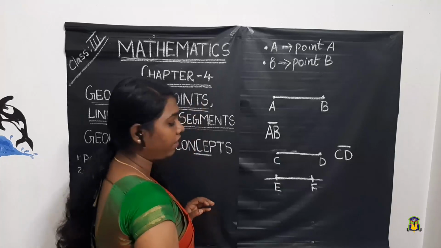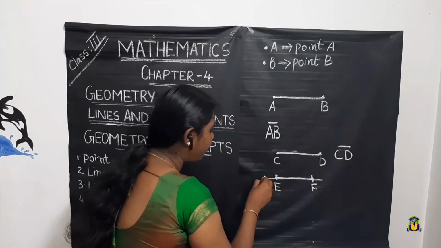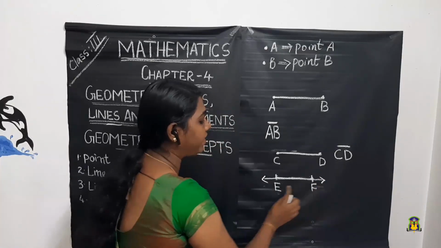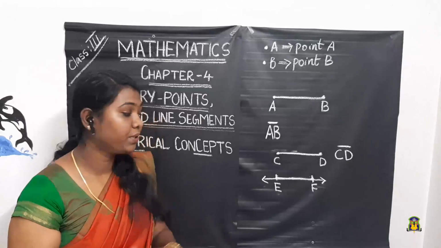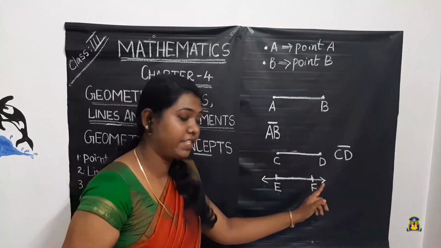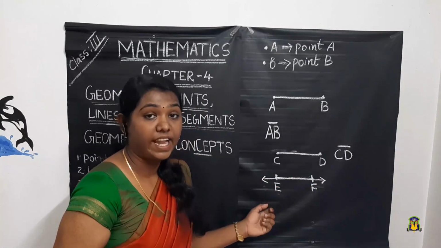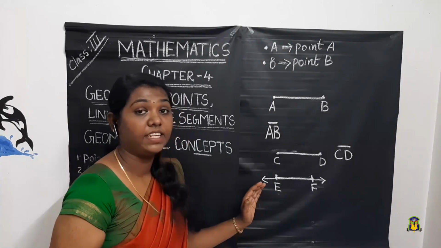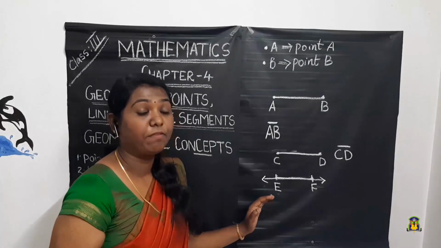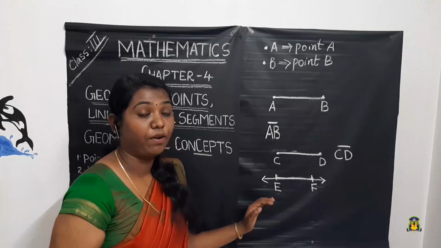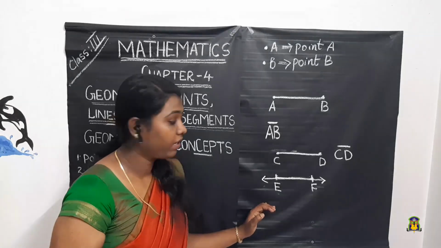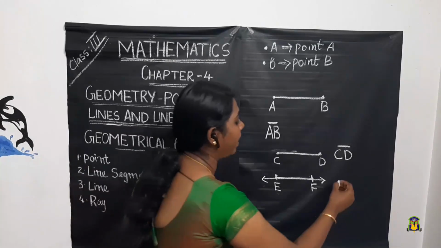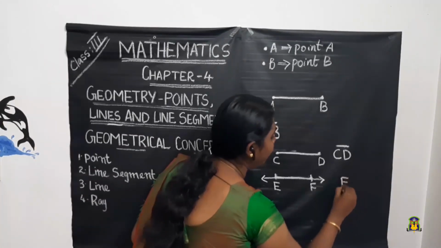Okay. Now here I am going to put 2 arrow marks on both the sides of the points. So the arrow mark shows that it goes endlessly. Okay, it goes endlessly and it has no definite length. So it cannot be measured. Okay, so then we will represent the line by EF.